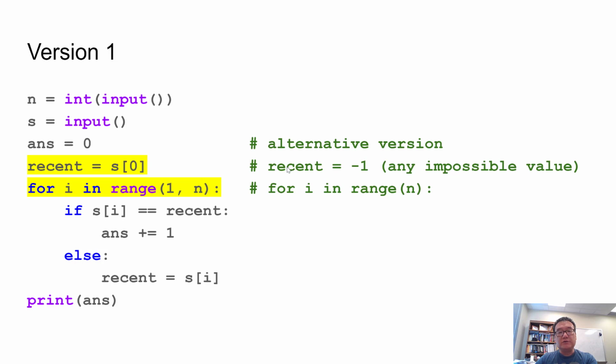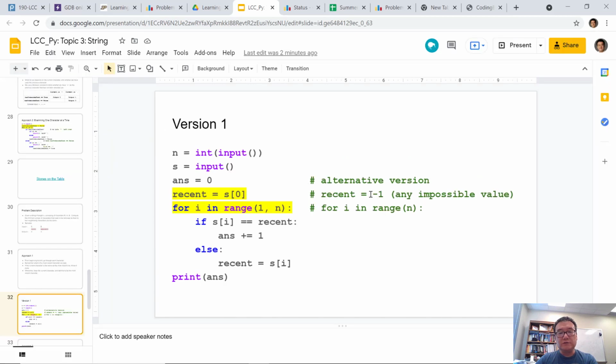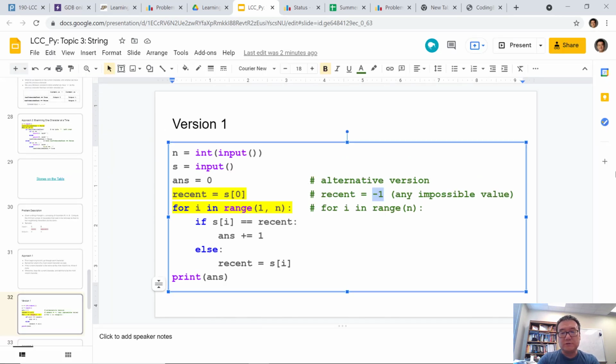And in that case, I need to make the recent value something that can never appear. It can never be a character. So actually, let's write out this version. I don't think this -1 thing is actually correct. I guess I can make it an empty string.